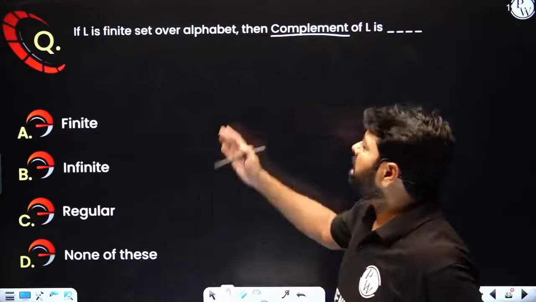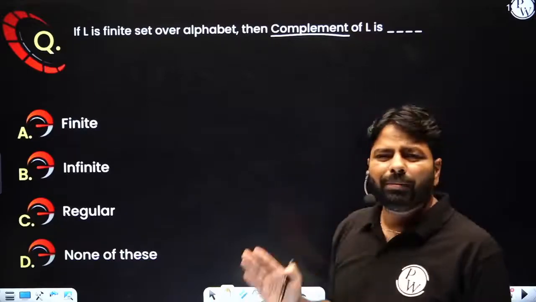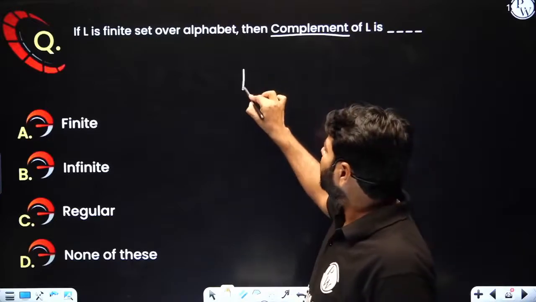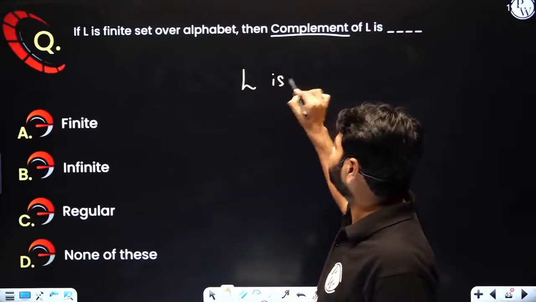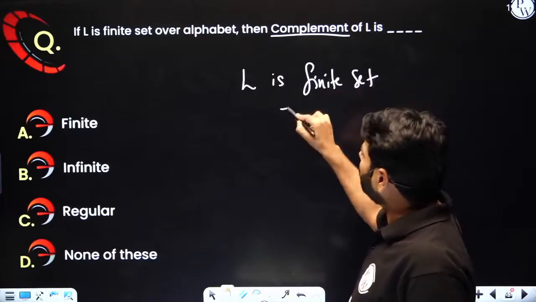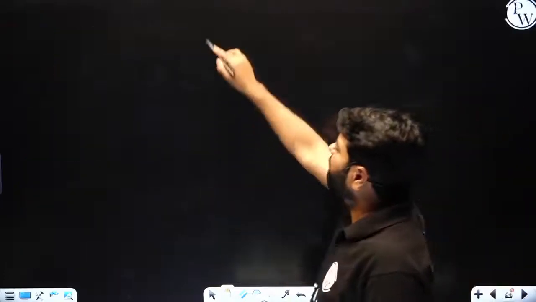Now, L is a finite set over an alphabet. Then what is the complement of L? Forget about this L for a moment and let me talk about the complement definition.